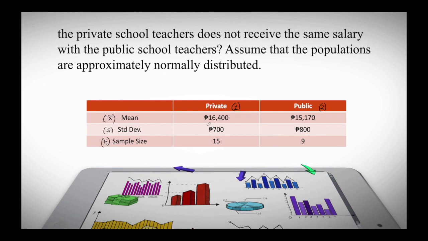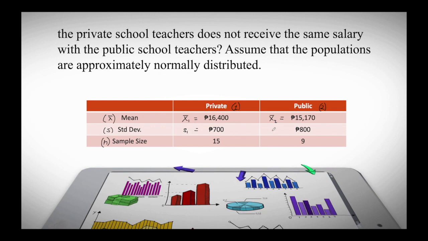Meaning to say, since this is X bar and this is 1, this will be the X bar sub 1. This will be the X bar sub 2, since this is the second population, the second data set. Now, this will be S sub 1, or the sample standard deviation of the first population, which are the private school teachers.